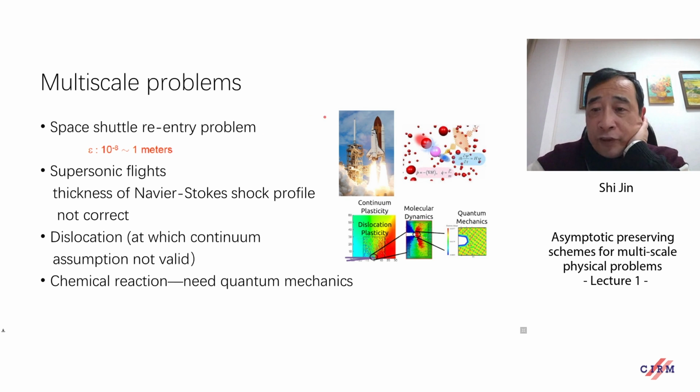At 100 kilometers above us, the mean free path is on the order of 1 meter. The air is so rarefied that the particles barely see each other. They barely collide; it's called free streaming. But on Earth, at our altitude, the mean free path is about 10 to the minus 8 meters. So you see the sharp transition, with the mean free path changing over many orders of magnitude. So you really have to solve a multiscale problem.